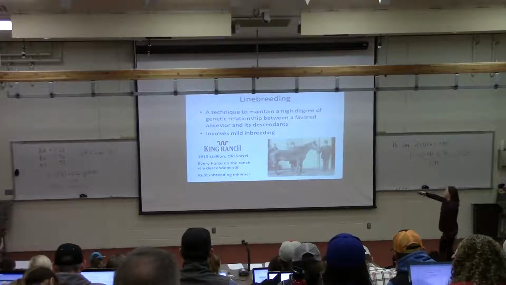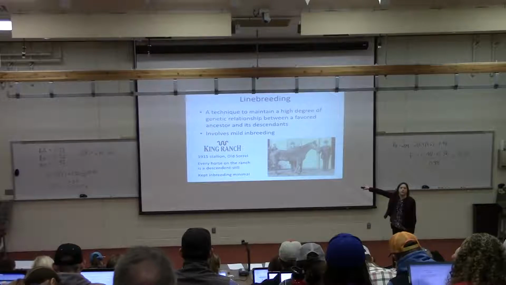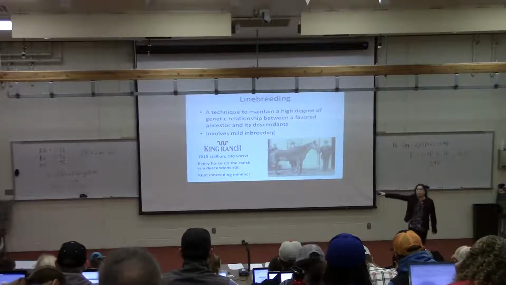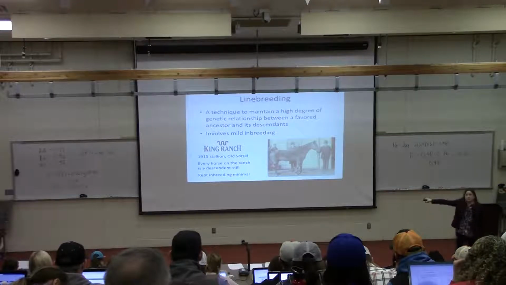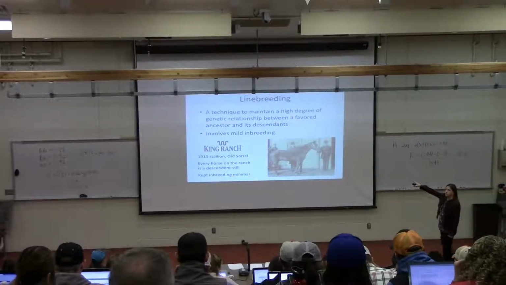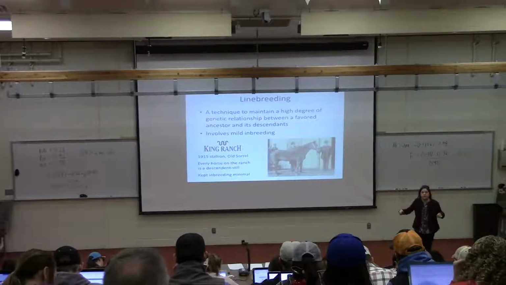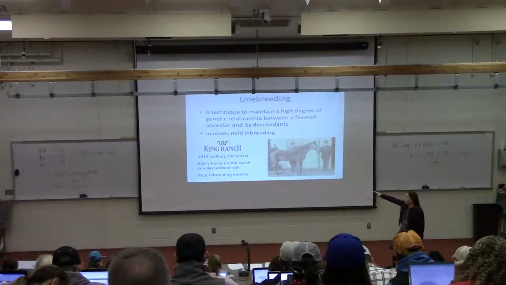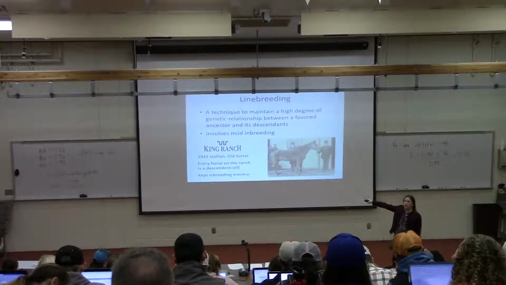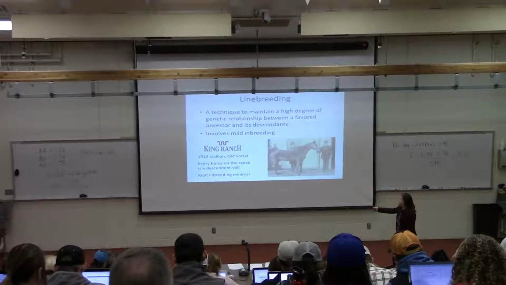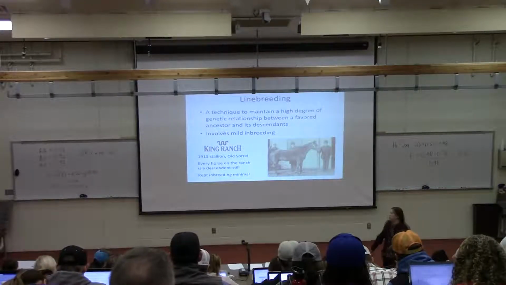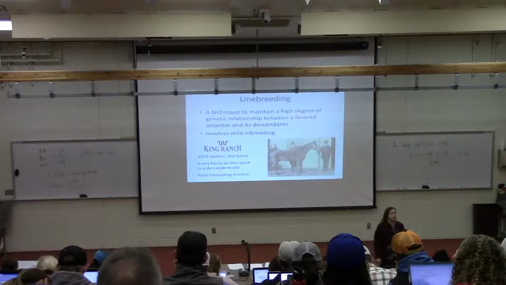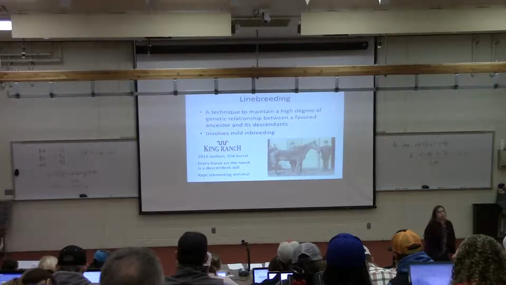So they set out to create a line breeding program. They said, we want this type of horse. He doesn't really look too fancy in that picture, right? He's pretty old. But he was a really, really good cow horse. And they said, we want to create a population of these horses to define our program and to define what we think a cow horse should be. So they did a really good job of keeping inbreeding to a minimum, but they still maintain Old Sorrel on the pedigrees of all their horses.